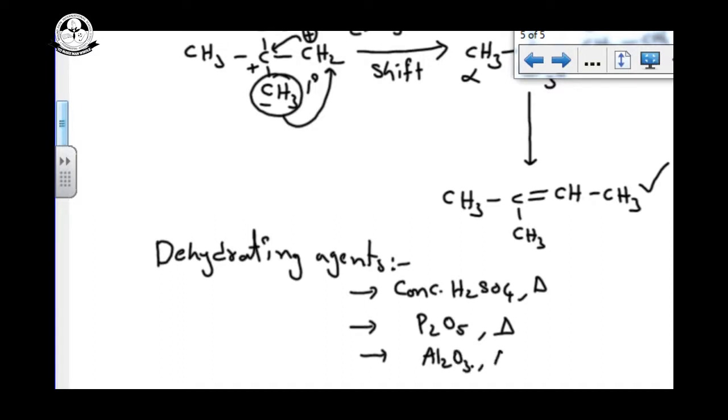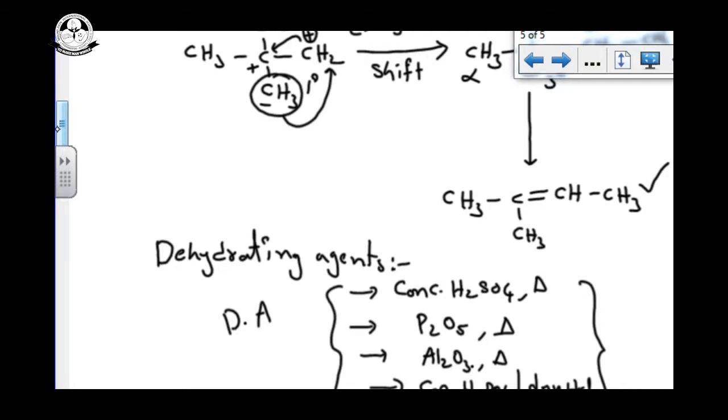Al2O3 can also act as a dehydrating agent, and concentrated H3PO4 in presence of dry HCl. All these are the best dehydrating agents. Simply DA, dehydrating agents. The reagents only you have to memorize. If the reagent is given, we can decide the answer carefully.